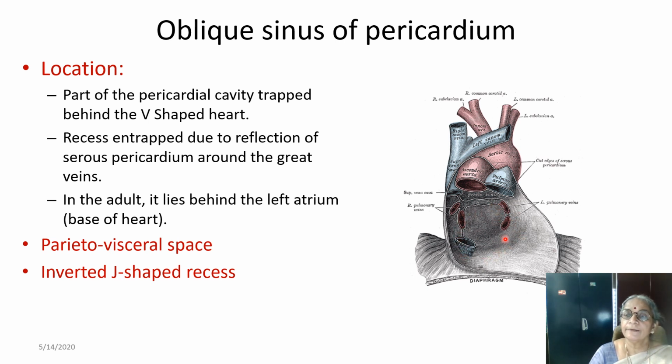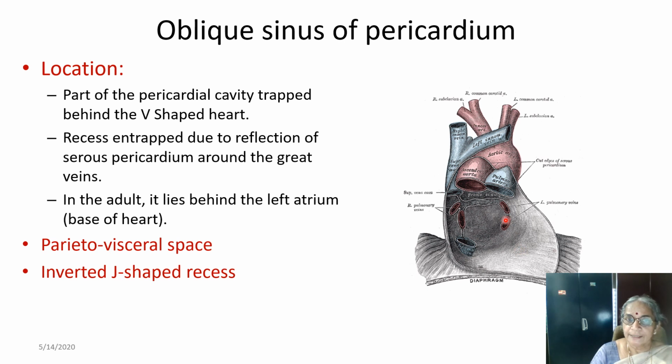So you can see the left pulmonary veins here, then the right pulmonary veins with superior and inferior vena cava here. And in the adult, the oblique sinus lies behind the left atrium that forms the base of the heart.